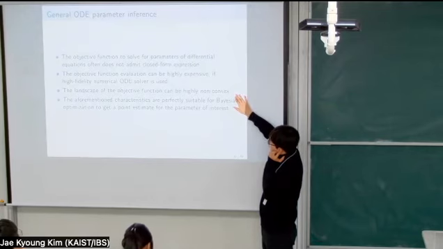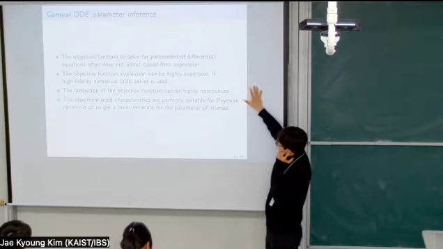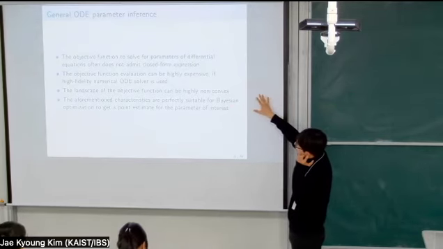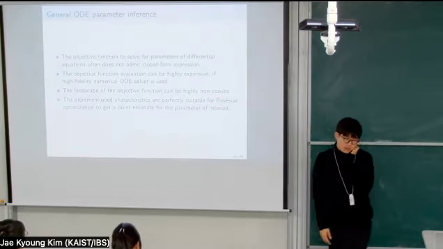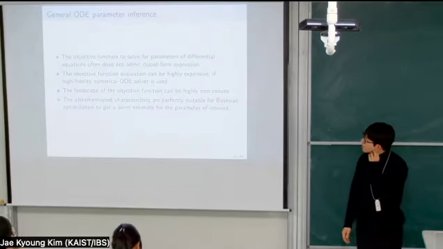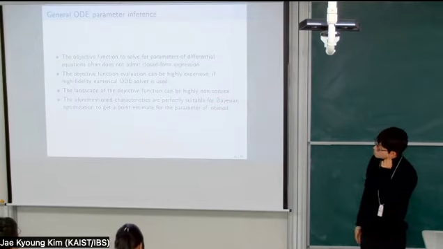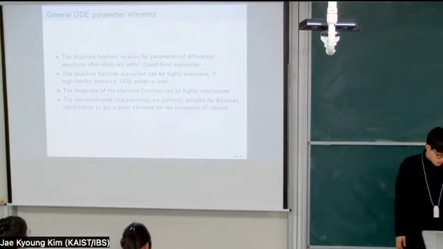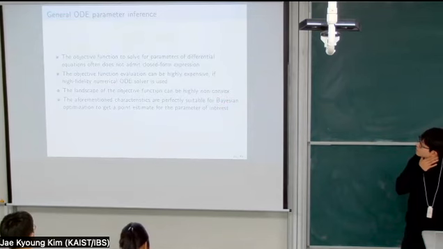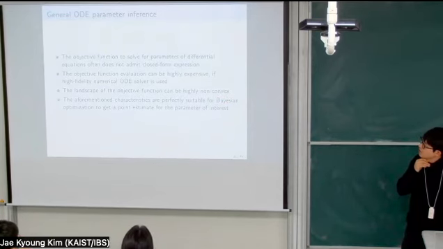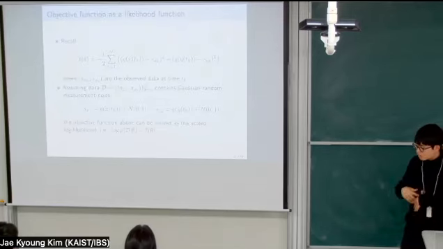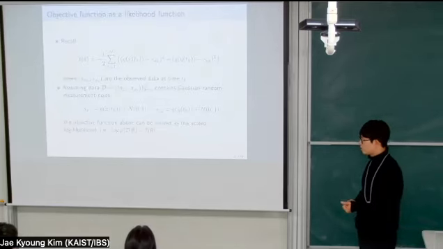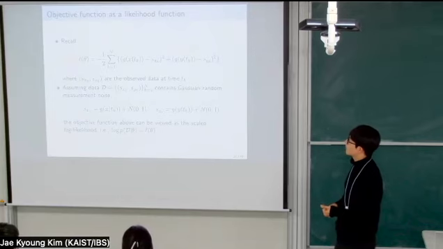But I'll mention two more advantages: oftentimes this objective function could be highly non-convex. All these characteristics of the aforementioned objective function make it a good candidate for Bayesian optimization application. And now, as I said, let's do uncertainty quantification as well.